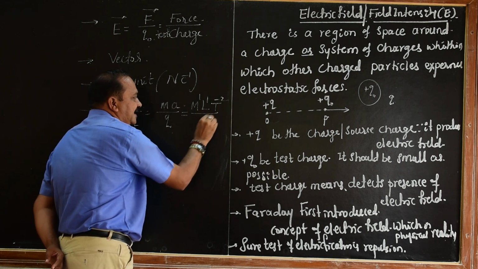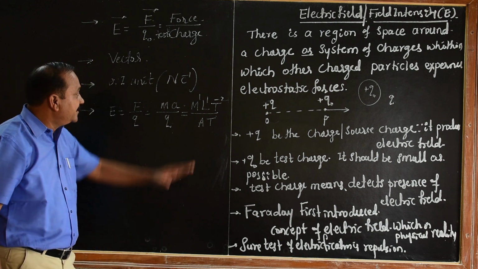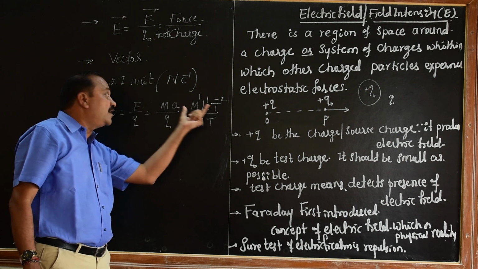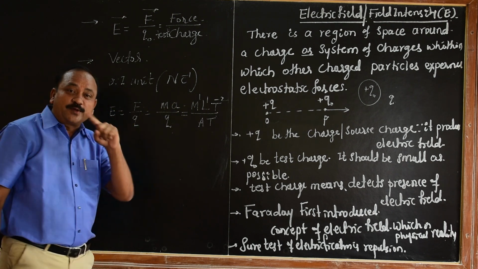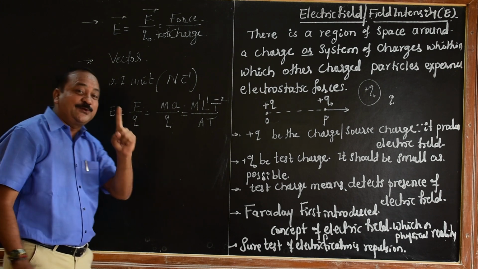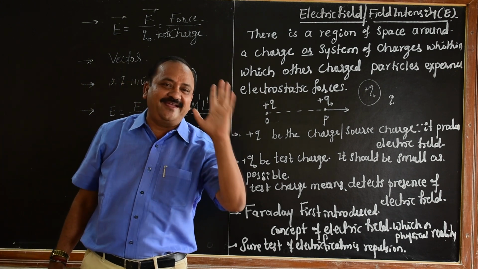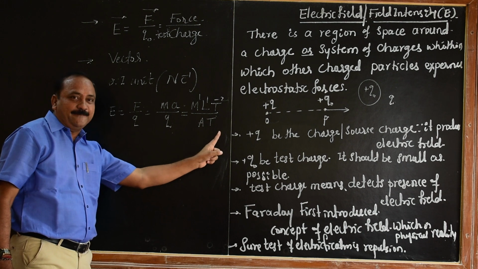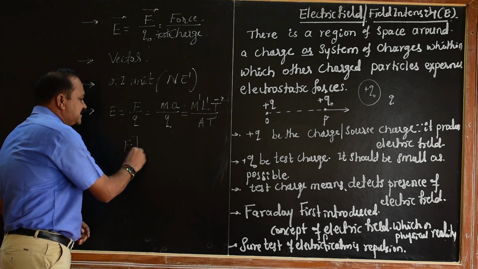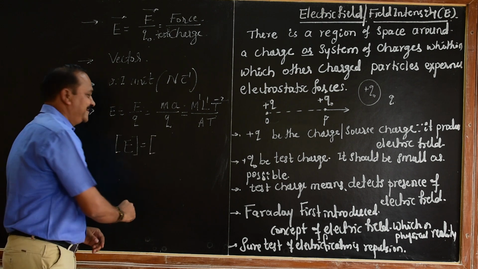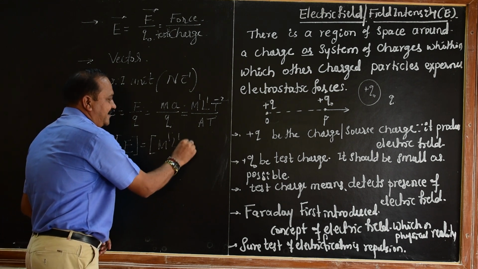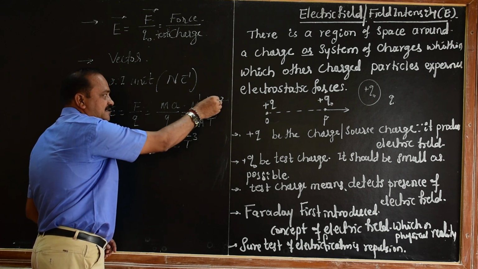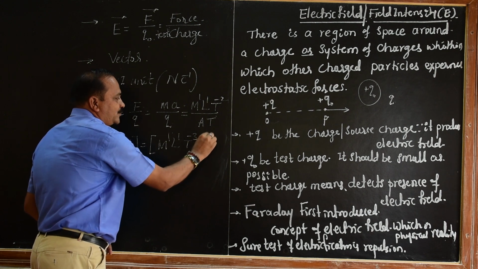Charge is AT. Correct? So M1 L1 T minus 2 is the dimensional formula for force, because F equals ma. Then charge has dimensional formula AT. Then the dimensional formula for the electric field is M1 L1 T minus 3 A minus 1.